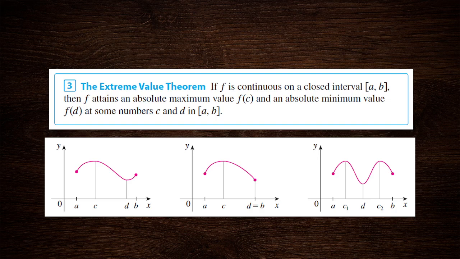So from the figure below, we have three situations, no. In your first graph, the values at c and d are given the lowest and the highest. It also is the local maximum and minimum, and it also is the absolute, no?